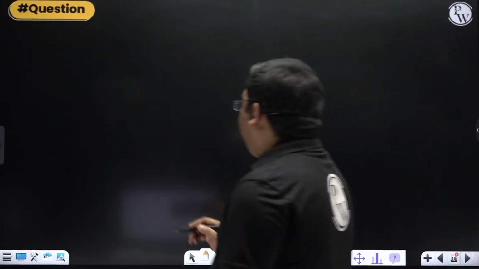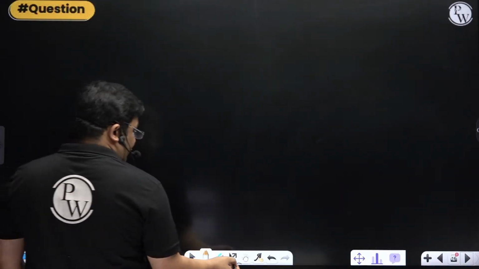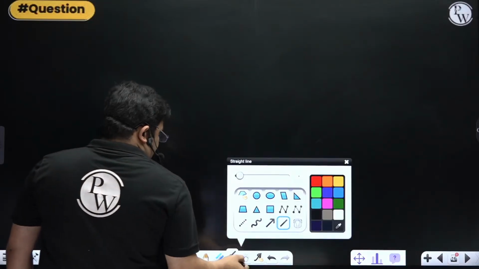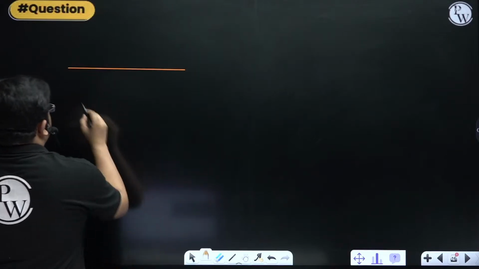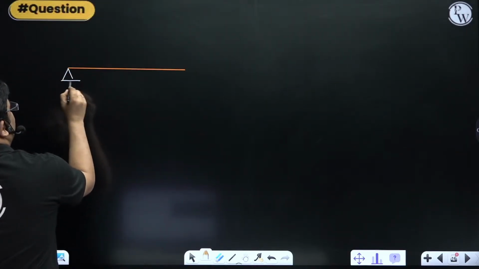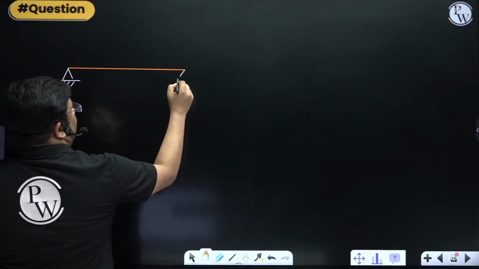Another very interesting type of question they can ask you is comparing. They will ask you to compare the deflection of two beams and find out the ratio of their deflections. Suppose there are two simply supported beams. One simply supported beam is like this.